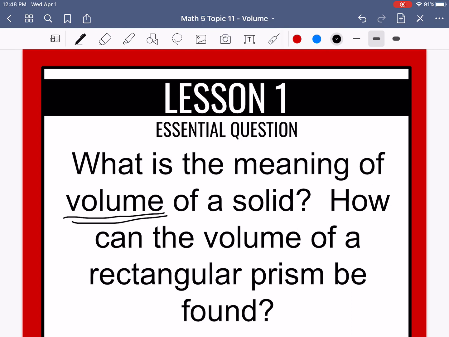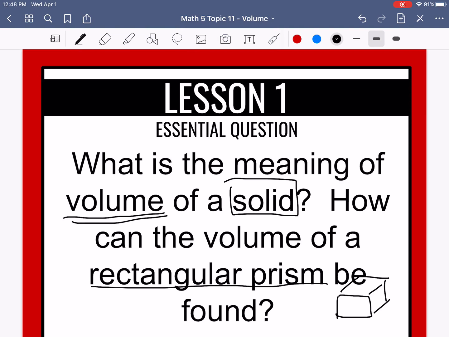Now to find a volume, you need a solid. That means you need something that can be filled up. For instance, a rectangular prism is what we're going to be looking at. From our study of the quadrilaterals and parallelograms, a rectangle is like this, but to make it a prism, it becomes 3D, because now you can fill it up.